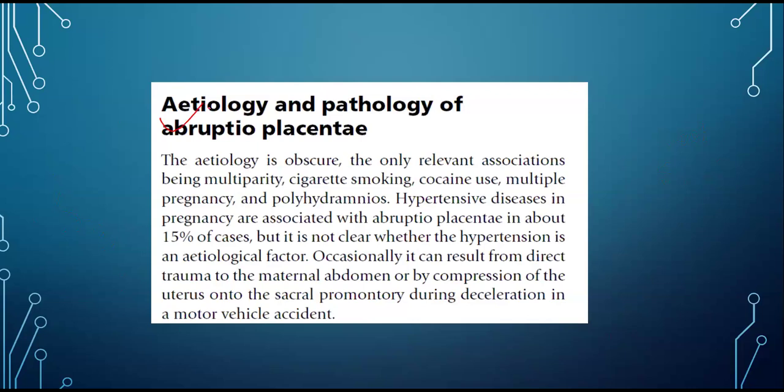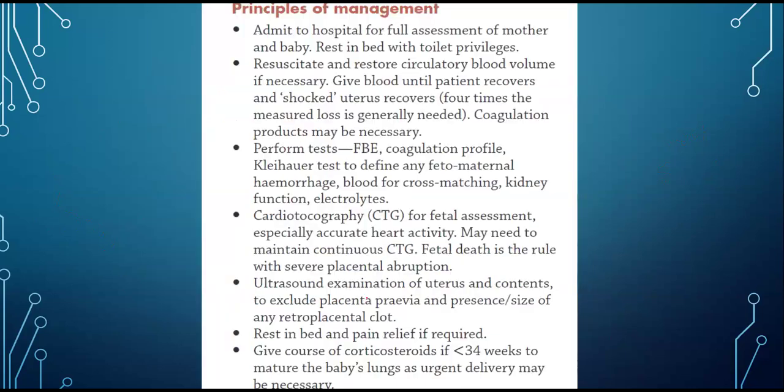So what is the cause of abruptio placenta? It's very hard to find out, but multiparity, cigarette smoking, cocaine abuse, any of these can cause it. Hypertension during pregnancy, with or without preeclampsia, can be one of the major risk factors. So how are we going to manage a patient who is bleeding heavily like this? Definitely admit the patient.